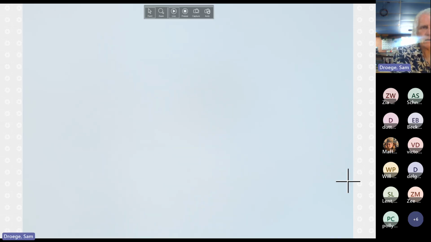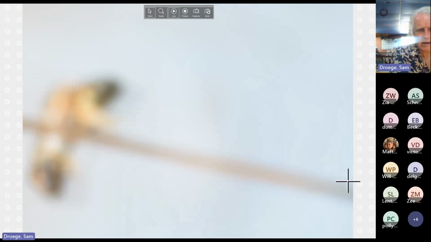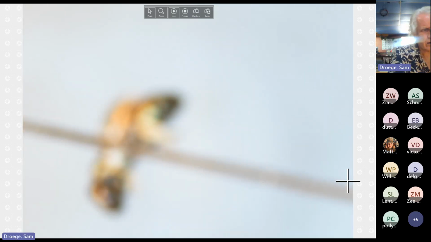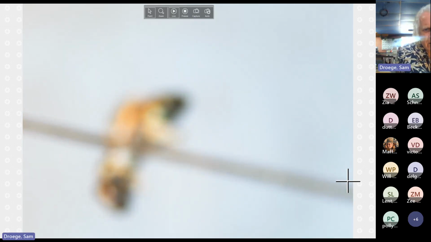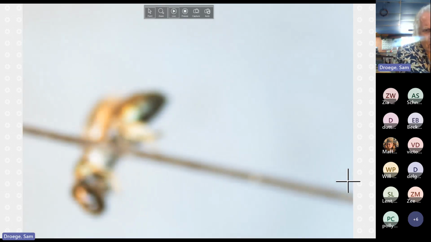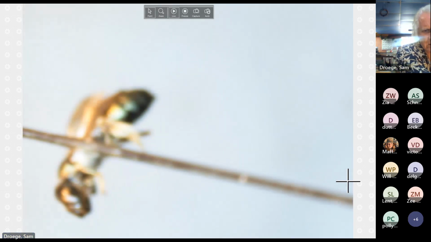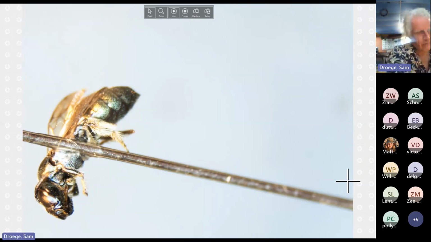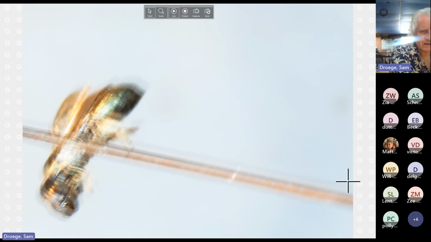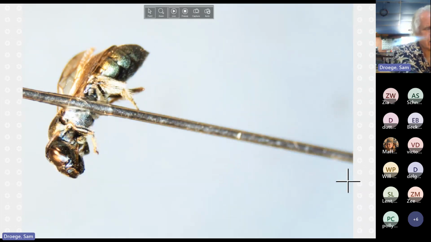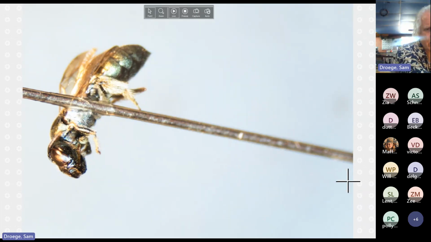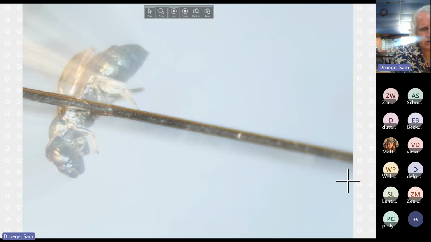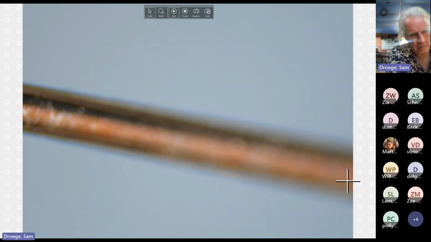This is a pretty good example of how these white marks on the legs can be less than wonderful in terms of what am I exactly seeing here? Because the markings bleed into other features of the architecture of the specimen.